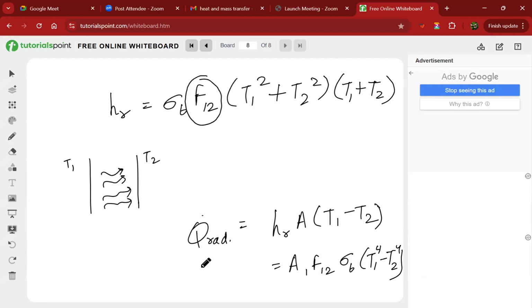Okay. What is sigma_B? It is the Stefan-Boltzmann constant. The value of the Stefan-Boltzmann constant is 5.67 into 10 to the power minus 8.